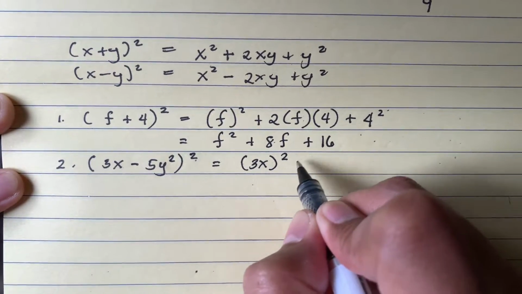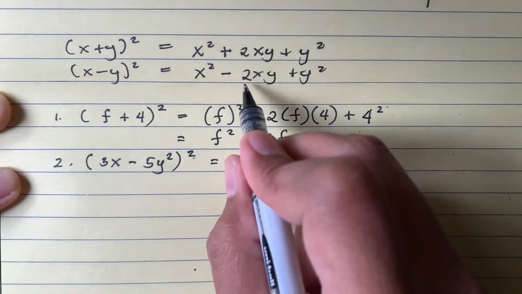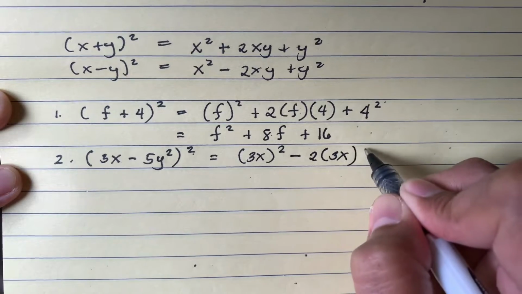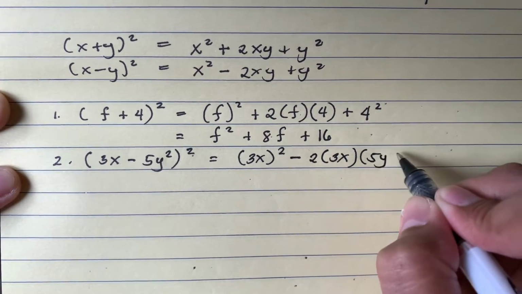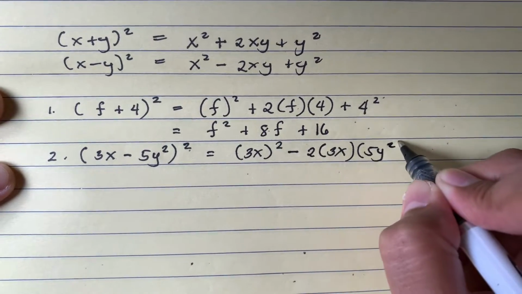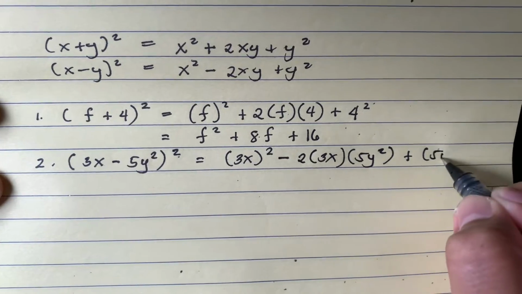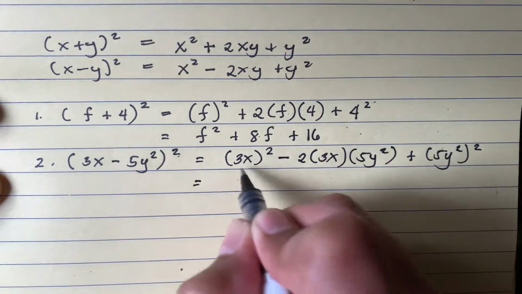We are going to use subtraction, so it's minus. Then minus 2, copy your 2. Then your first term, which is 3x. Then your second term, we have 5y squared. Then plus, we have 5y squared. This will be squared.